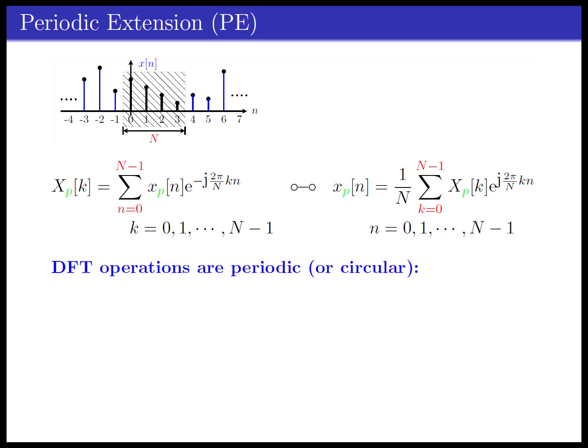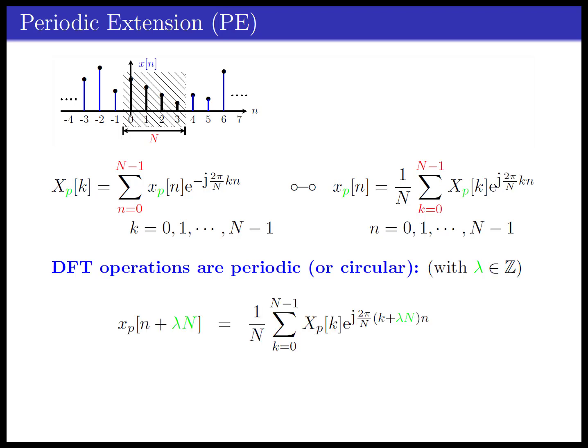The DFT operations are periodic or circular, which will be denoted by using a sub-index p in the definitions. This periodic behavior can be shown as follows for the samples x_p[n] of the inverse DFT.